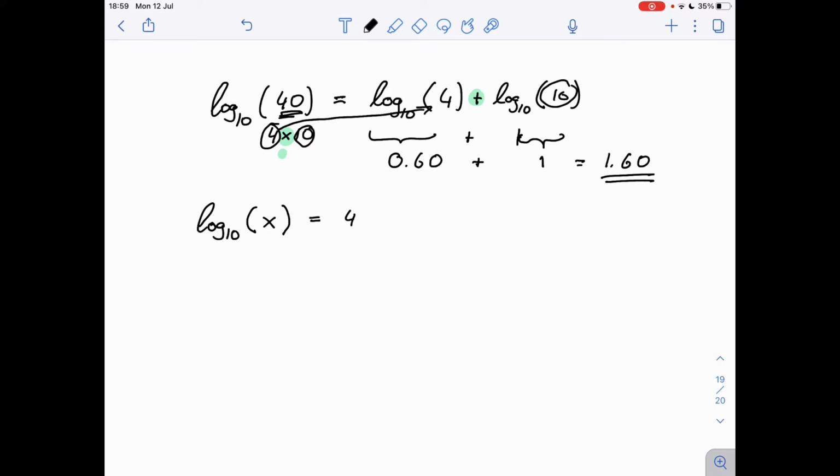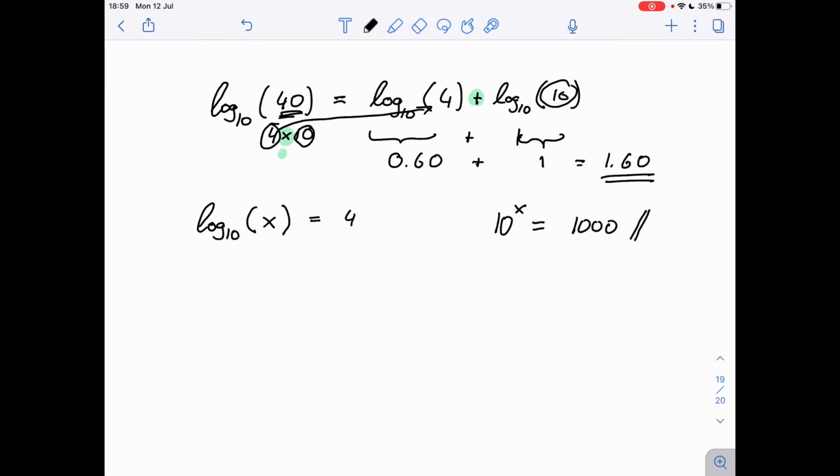Now, again, what we have done before is when we looked at something like 10 to the power of x equals, say, 1000, we said we want to apply the inverse mathematical operation of 10 to the x.